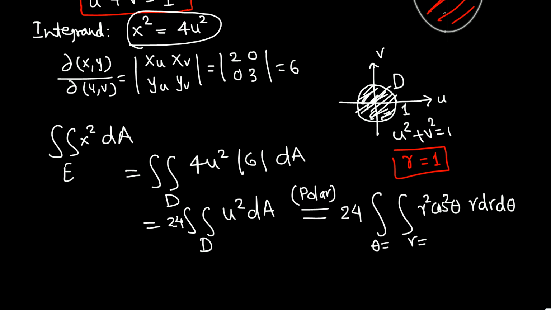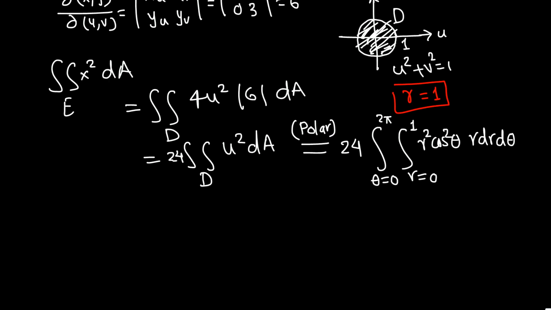A circle means we are going 360 degrees, so 0 through 2 pi, and r starting at 0 all the way out to 1, so 0 to 1. Okay, so we're going to integrate this.